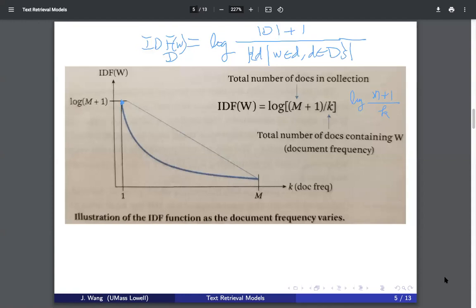And eventually, of course, it means nothing, right? Particularly when this is equal to this, it becomes 0. That means nothing. So that just helps us understand what this inverse DF, or this IDF, really means.